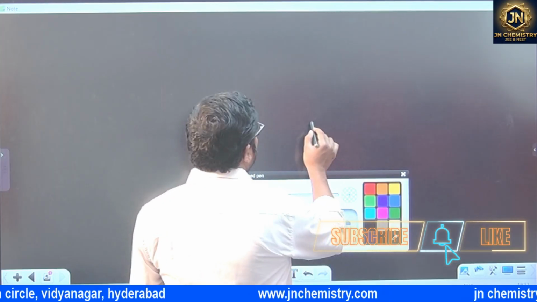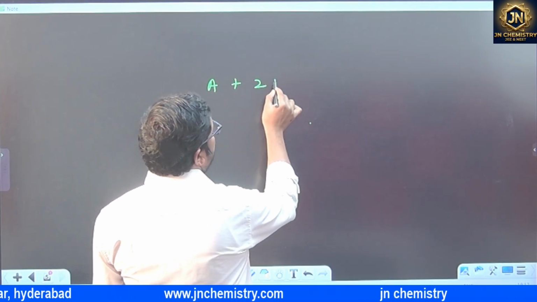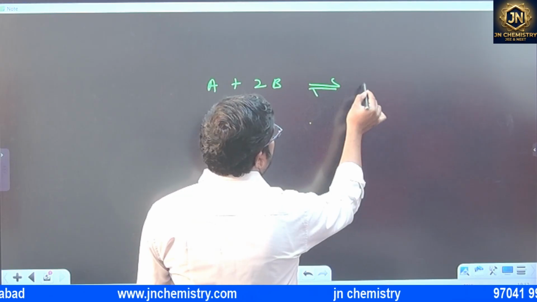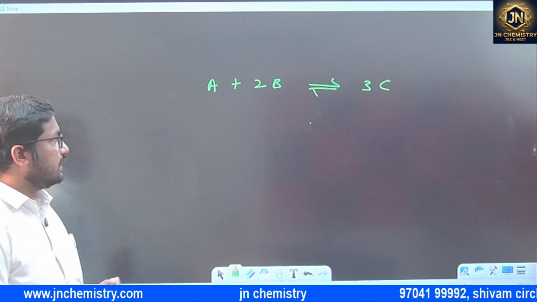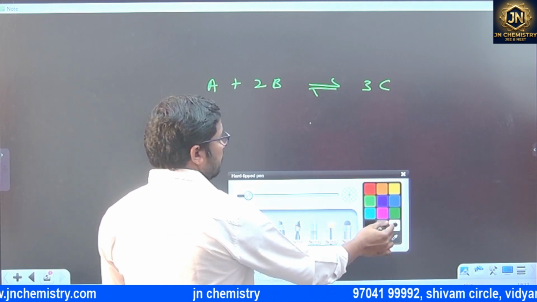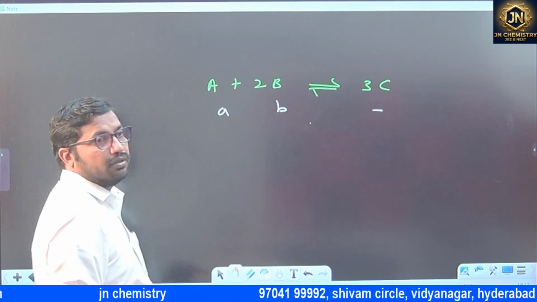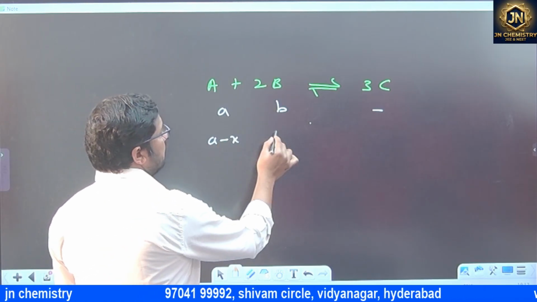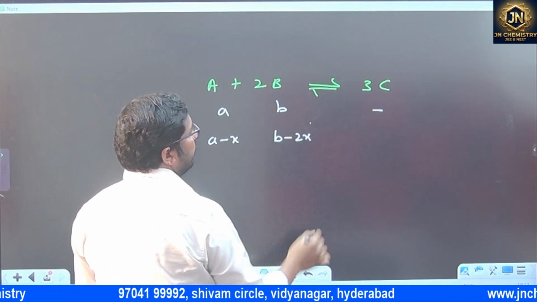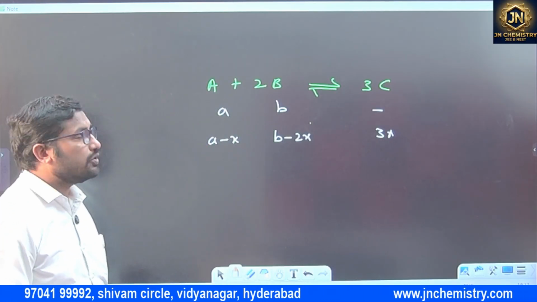Then I told you how to do it. For example, A plus 2B gives rise to 3C. Imagine, how to calculate the Kc? Initially, if we are taking a moles of A, b moles of B, and 0 moles of C. At equilibrium, the number of moles are a minus x, b minus 2x, and 3x.